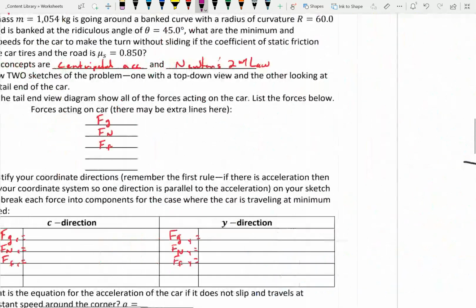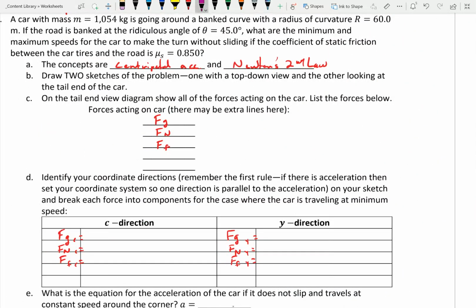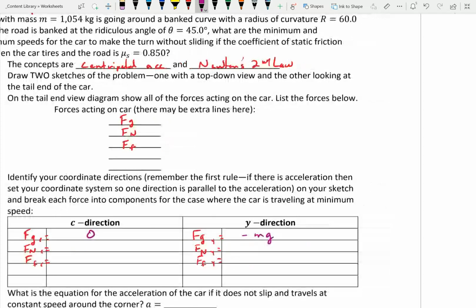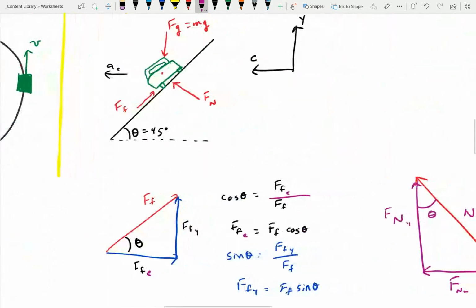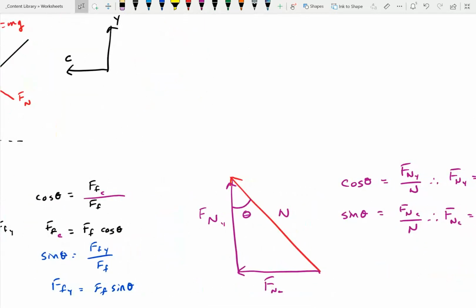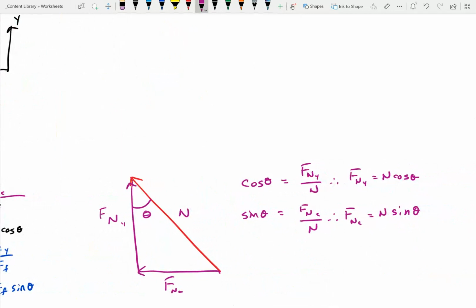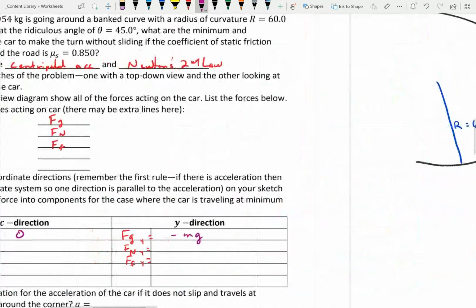So when I break these into components, my force of gravity was already 0 and minus mg for the y direction. The force normal in the central direction was positive because it's going toward the center, and it's n sine theta.